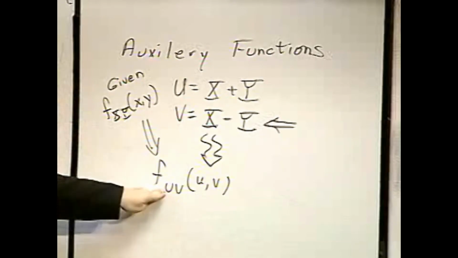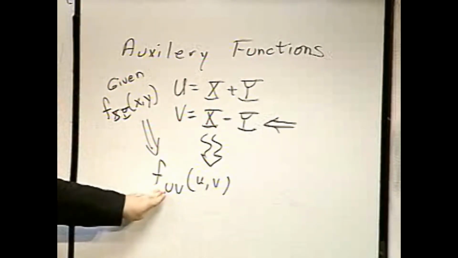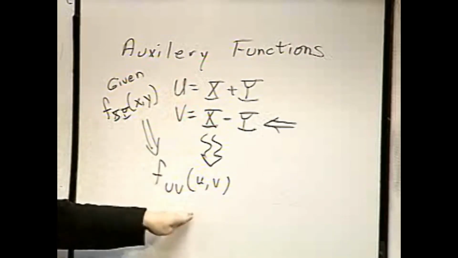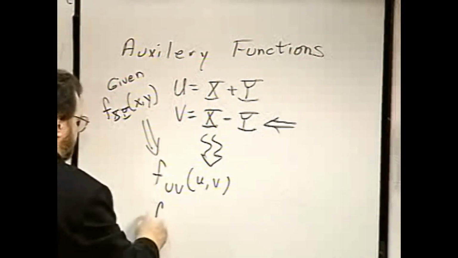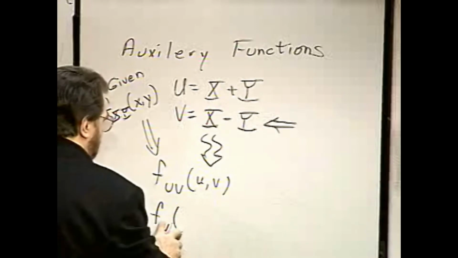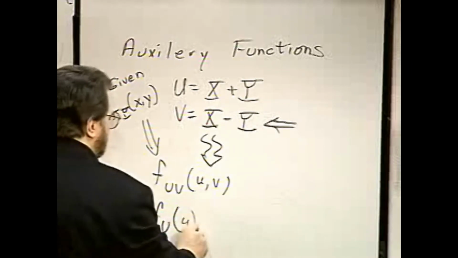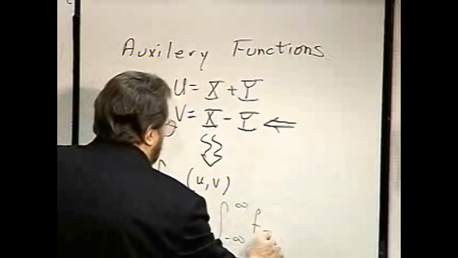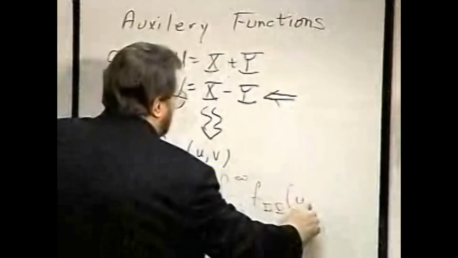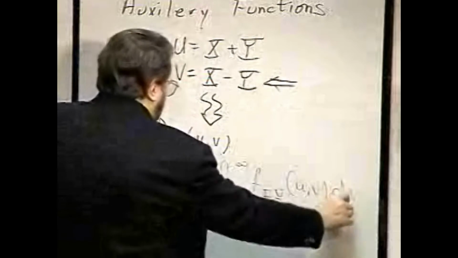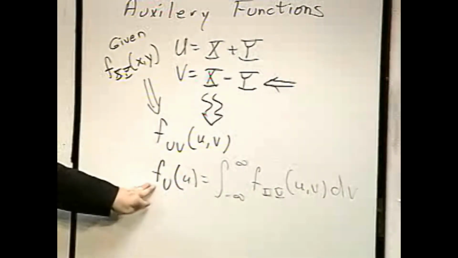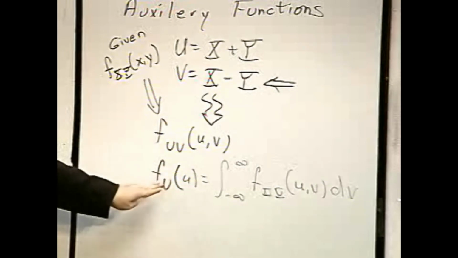But we don't want the density function for u and v. What do we want? We want the density function for u. So we integrate out the v, and we would obtain the same convolution result that we did in our previous derivation.